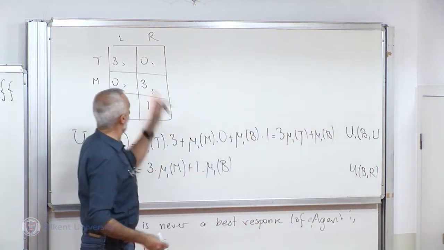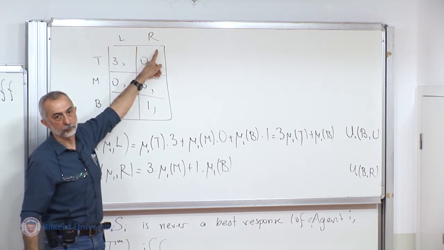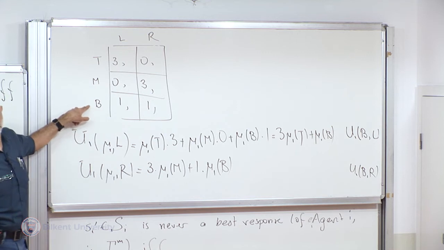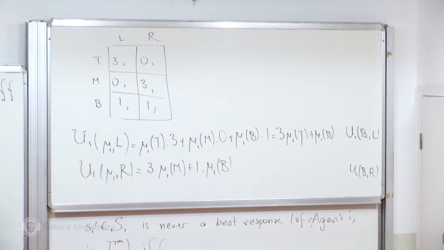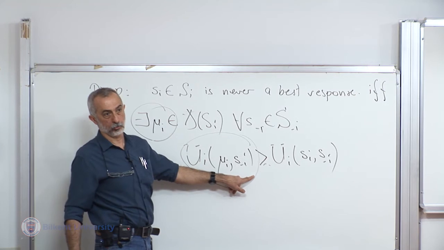So I'm just checking against pure strategy profiles of the opponents. Okay? So if I say that B is never a best response, it means that I can find a mixed strategy for which this condition holds.